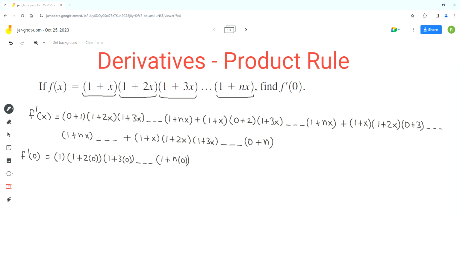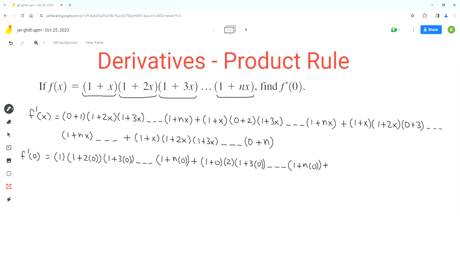Now we'll work on the second part. So the first function will become 1 plus 0. Now in the second parenthesis, 0 plus 2 is just 2 times (1 plus 3 times 0). And we'll have to continue this all the way to the nth binomial, so it will be 1 plus n times 0.